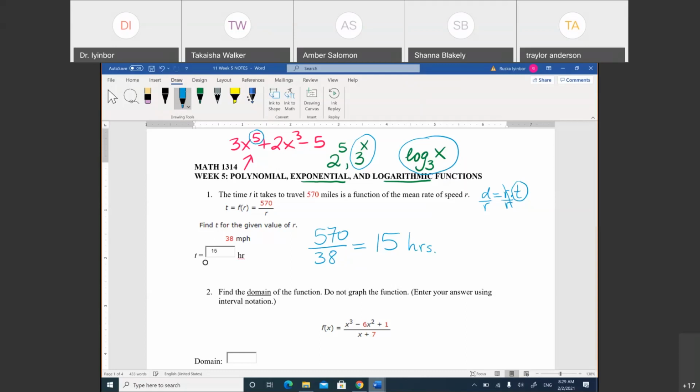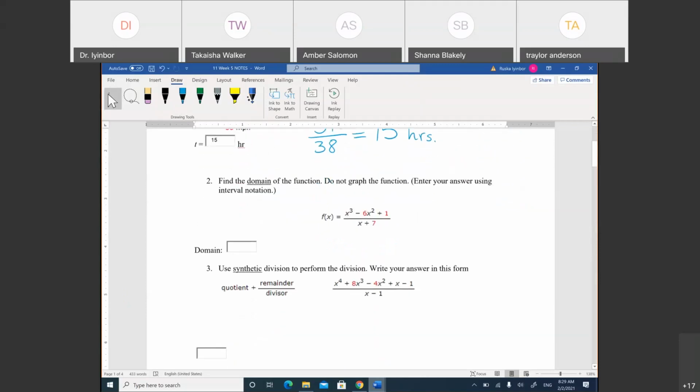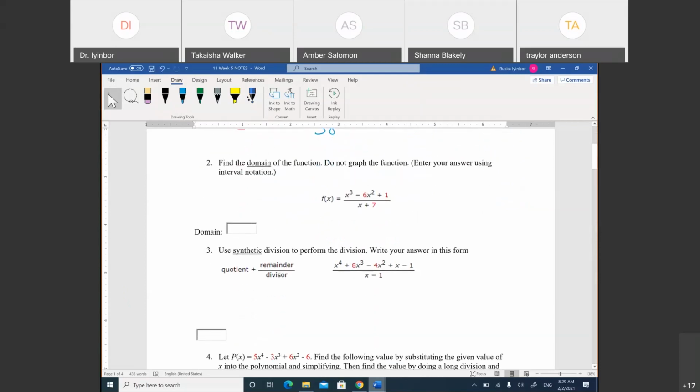Okay, so now number 2. And number 2 is something we already did. Okay, we did this before. Here in number 2, they're asking us to find the domain of this function. So what does that mean? What type of function is this?